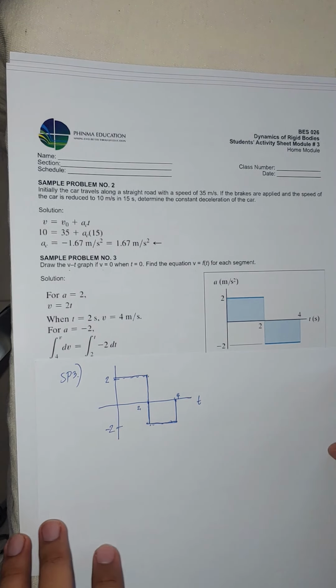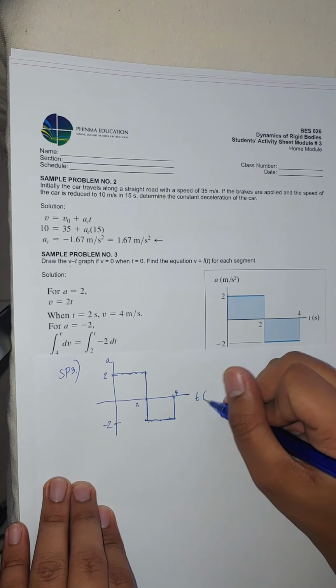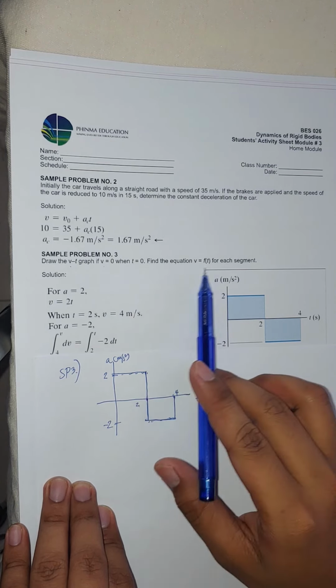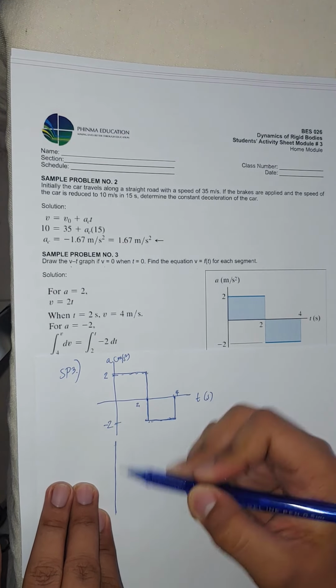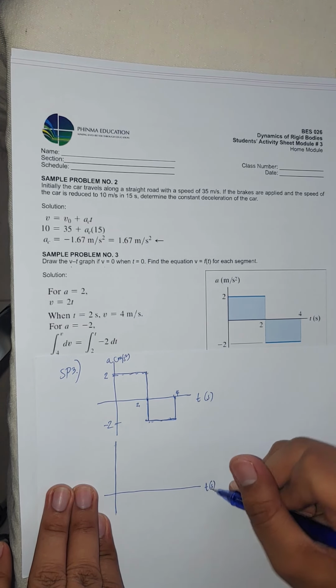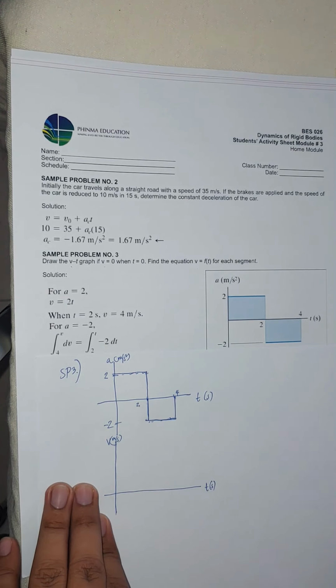Okay. So this is the acceleration versus time, with time in seconds and acceleration in meters per second squared. Since we're asked about the velocity versus time graph, we can construct it like this. Time is in seconds, and the velocity in meters per second.